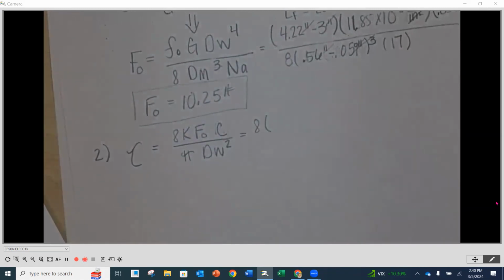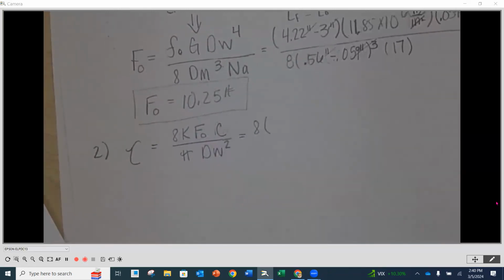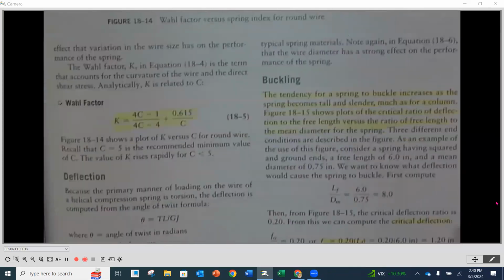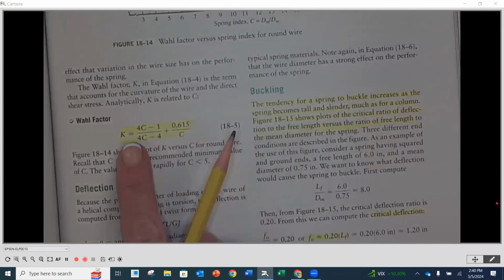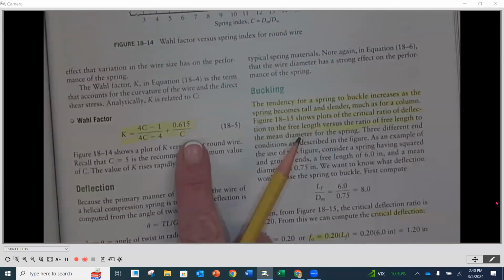Oh, we get to calculate the K value. So what's the K value again? The capital K, that's not the spring rate. Lowercase k is the spring rate. Capital K is the wall factor. The wall factor is just above on page 667. It's right here. There's the wall factor.